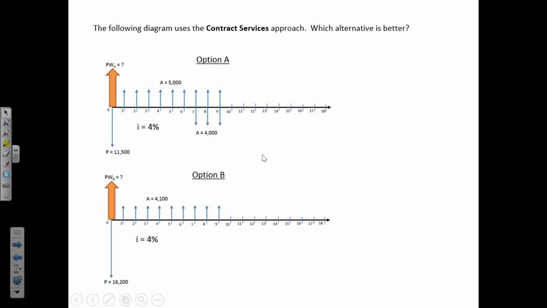Are there any questions about either of these methods? Yes. Is this just an arbitrary amount for the example? Like, would a problem say it's going to cost us X amount of dollars per year to rent this equipment, or is there an algorithmic approach to use the A value from option B to calculate that value?